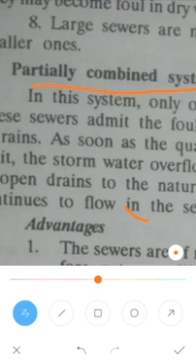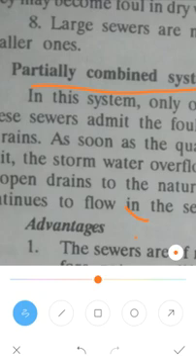Third, the storm water is permitted in the sewers, which eliminates the chances of choking, and the sewers are completely cleaned during rainy seasons. And the last advantage is that the problem of disposing of the storm water from the houses is very much simplified. That's the advantage. Next we will see the disadvantages.